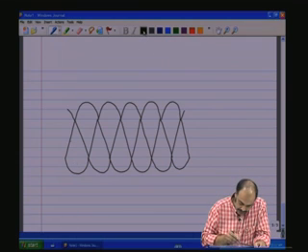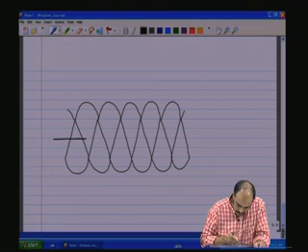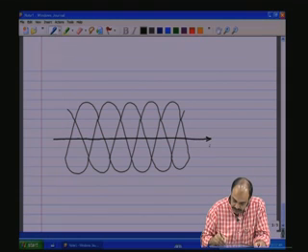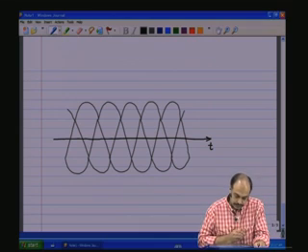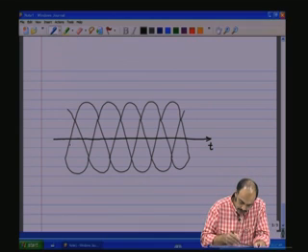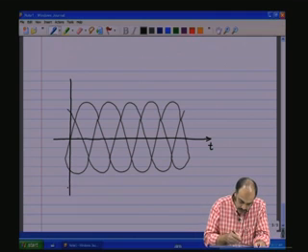Let us draw the axis right through the center, which will be the x axis, which represents the time, and you can, let us say, designate this waveform as the R phase, and corresponding to that you can have the y axis, and that is your 0. Okay.